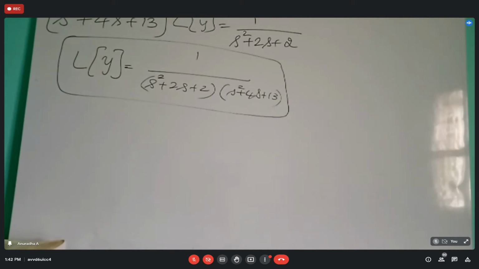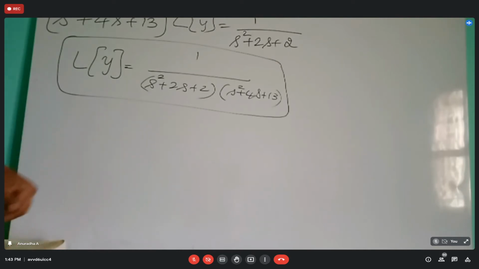Now let's solve. The original sum is to find y, so we have to go till that. But for our exam pattern, I'm saying they may not ask the entire sum; they will stop here, maybe. We can apply convolution also, but integration is hard here because we have s terms. So it is better to do partial fractions.